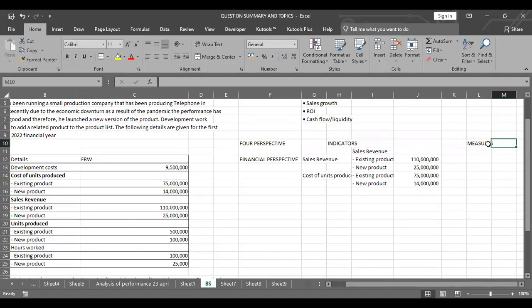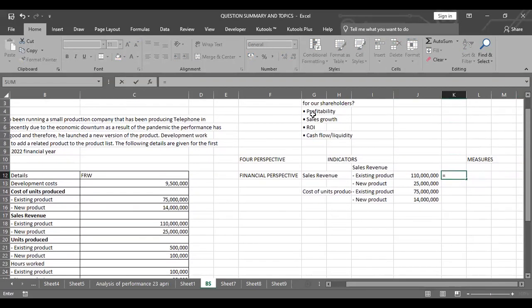Let's check this and try to find out. So if you check, as you may notice, in this case, we could get profitability analysis. It's possible for us to do profitability analysis in terms of what we have. And even we can check growth. So let's start with profitability from that scenario, which is the first one there.